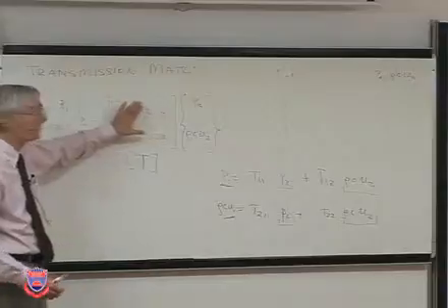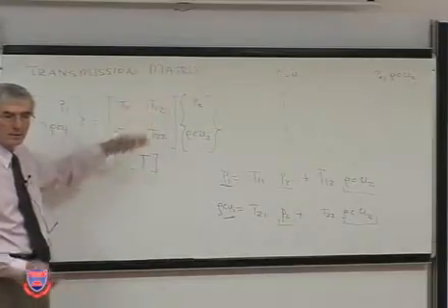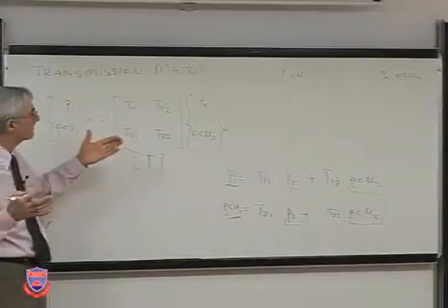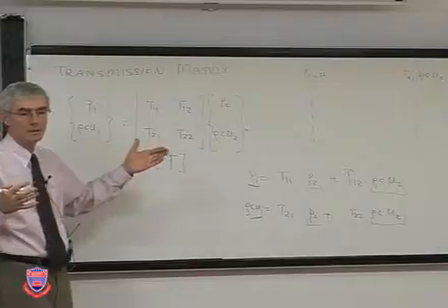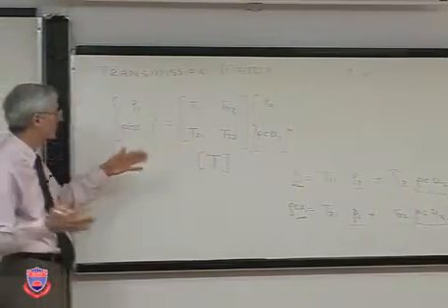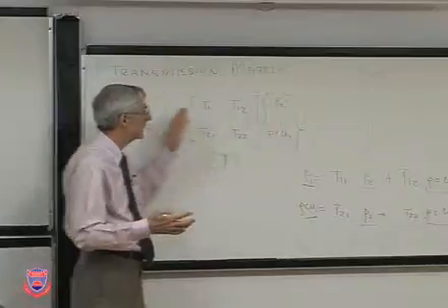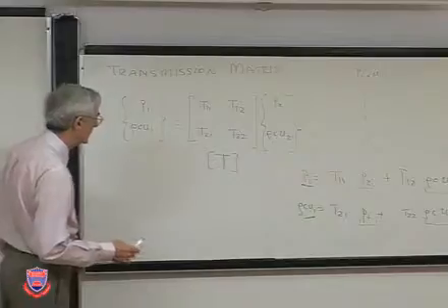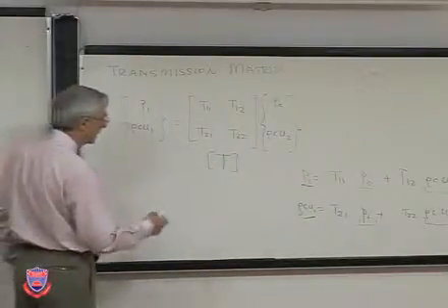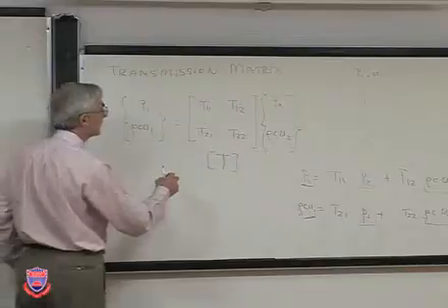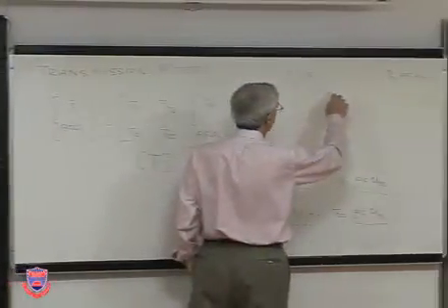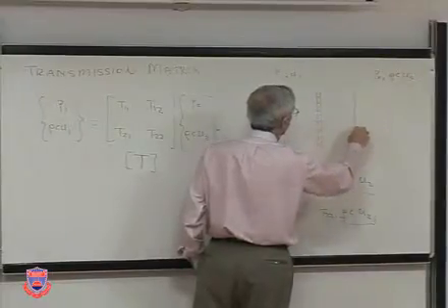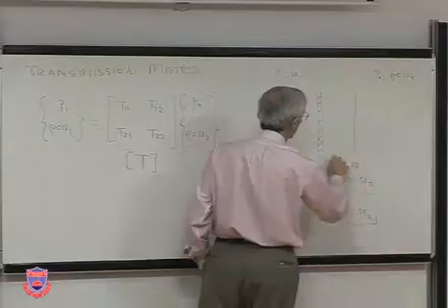So once we know, for example, the transmission matrix for the space or for the field between the two positions, then you can always find what it is at one or the other, as long as you know the values on one or the other. The importance of this comes in when you have a combined set. For example, you have a plate, then a fluid layer and a membrane.